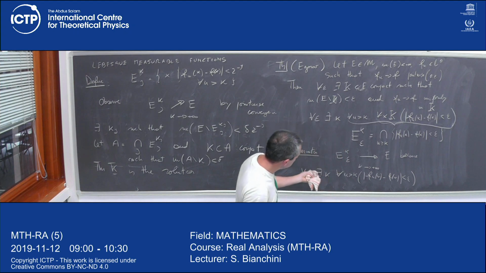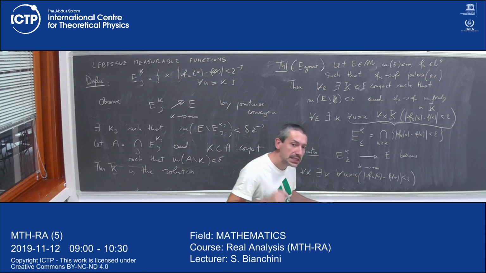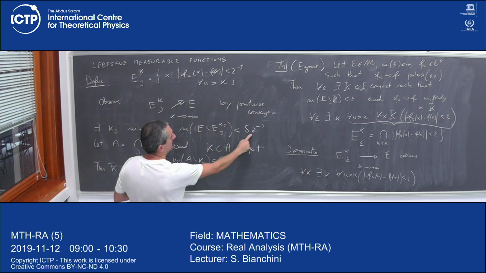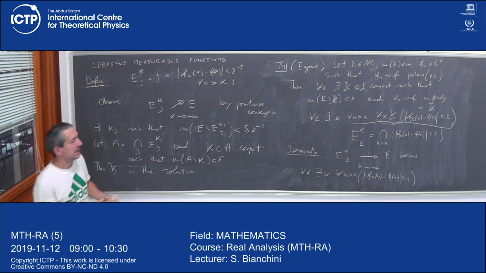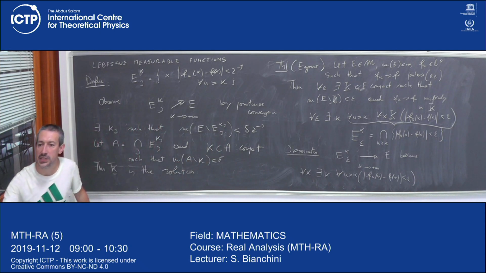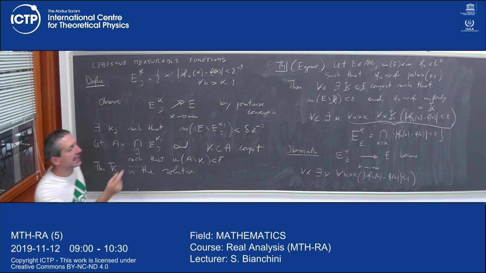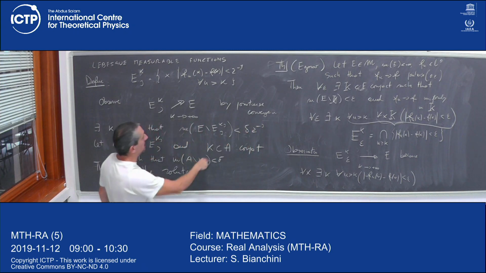And the observation is that when k goes to infinity, this set converges to E. Since it has finite measure, I can take the measure of the difference less than delta 2 to the minus j. Now the intersection of these sets: k_j is the index for the uniform convergence. Give me epsilon, I give you the index k, which depends on epsilon. Here you give me j, I give you the k_j, such that the distance will be less than 2 to the minus j.